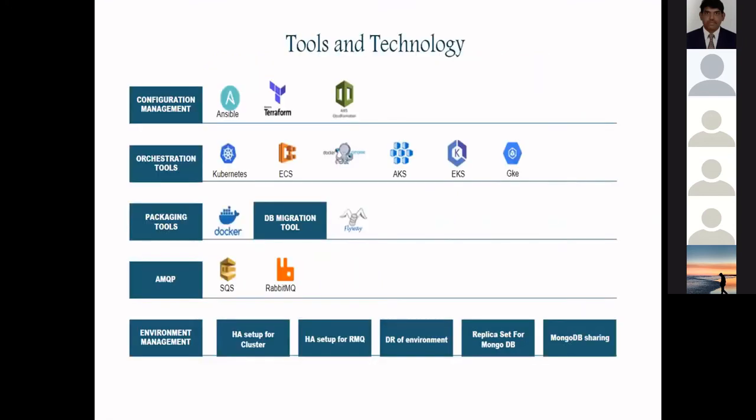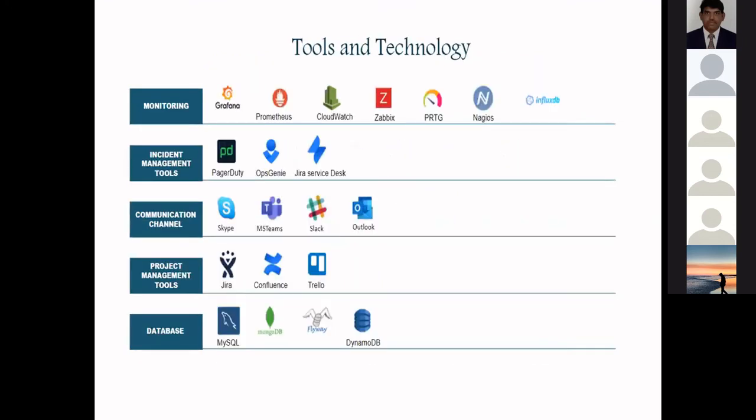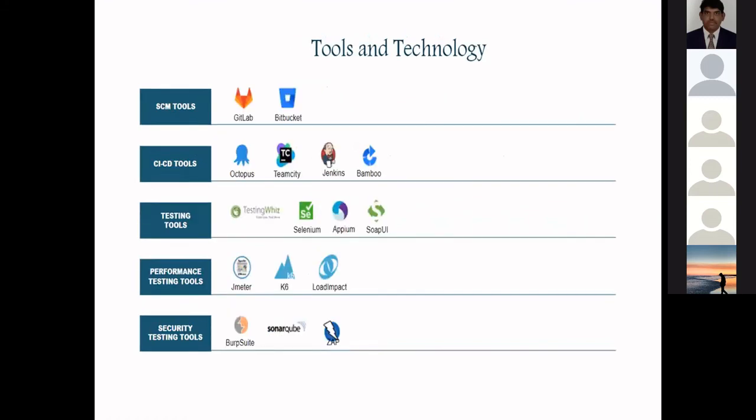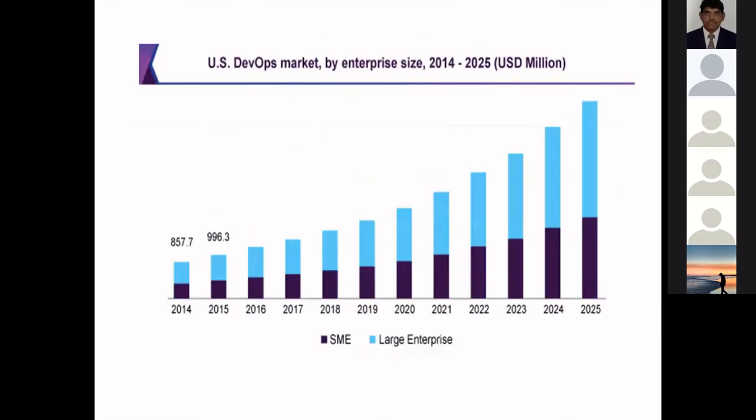So these are the different kinds of tools from the coding stage to the application stage. Organizations use these different tools for deploying, testing, and coding purposes. So all these tools come under DevOps and AWS. And this is the trend of DevOps and AWS from 2014 to 2025.